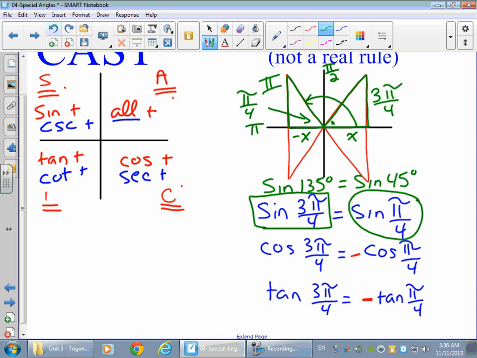I have the negative of the original adjacent. I have a hypotenuse, which is the same size. And so whatever the calculation would have given me if I had used pi over 4, I'll simply get the negative of that with 3/4 pi.